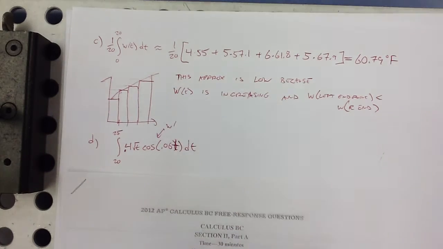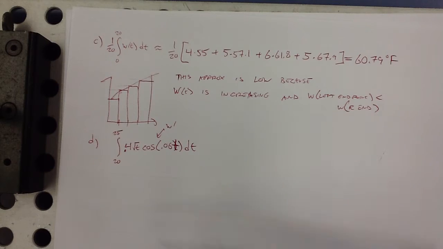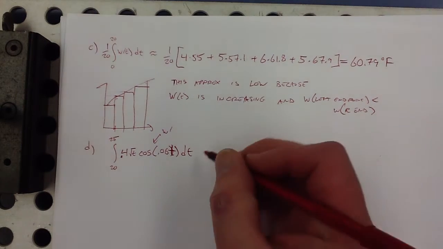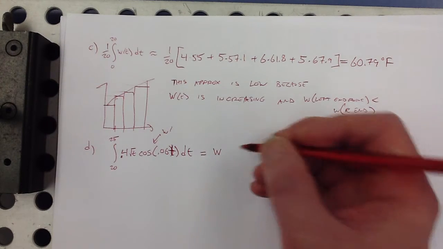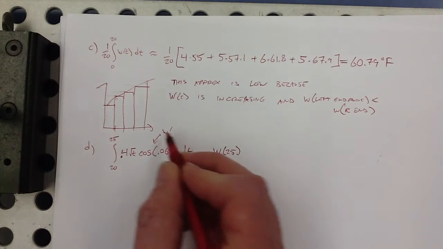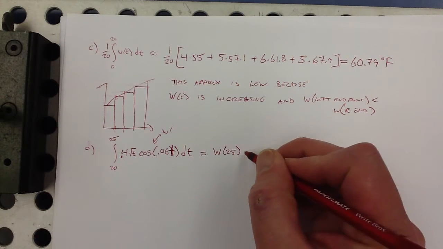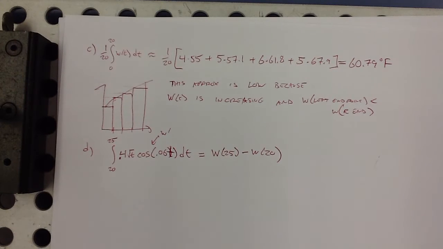that's the derivative, right? So just like we did in part B, this is equal to the water temperature at 25, because this is W prime, right? So the antiderivative would be the actual temperature of the water, minus W(20). This is just like a fundamental theorem of calculus problem, right?